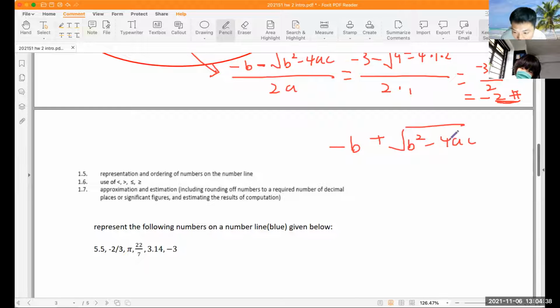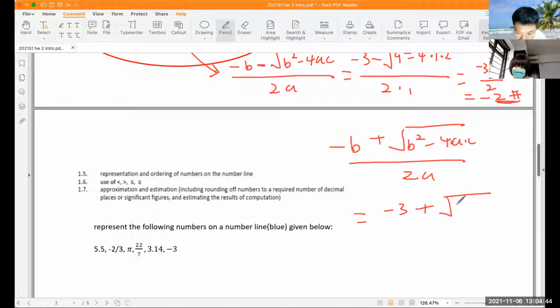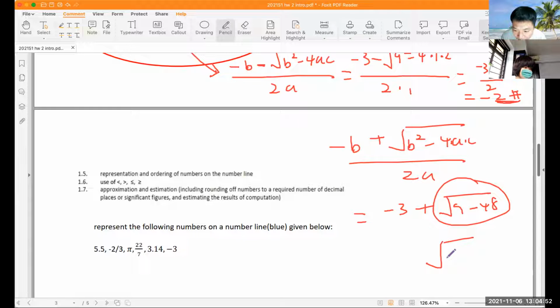Over here is times. So the way you write it is this. 9 minus 48. By the way, with 9 minus 48, you cannot find an answer. You know why? Because you have negative 38. You cannot square root a negative number, right? Am I right?